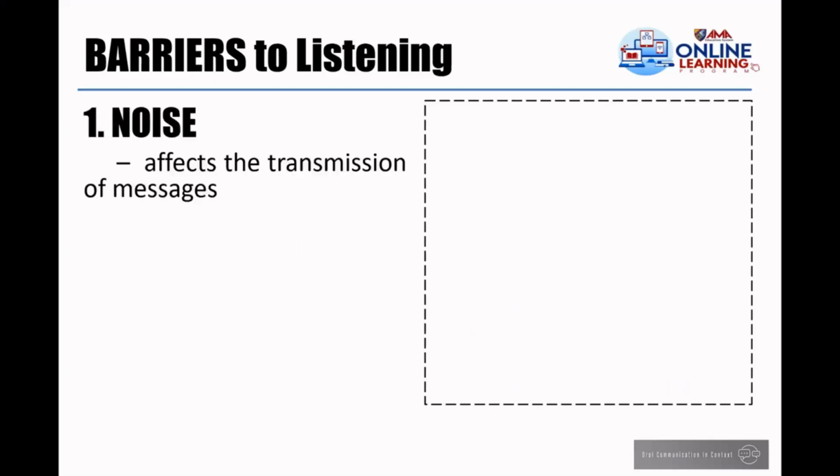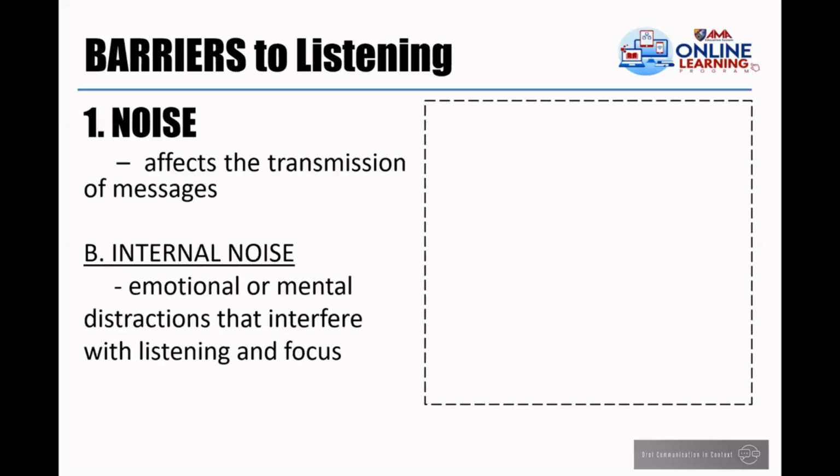Okay, for the second type, the internal noise. This is the noise or barrier within oneself. This is the noise or barrier with regards to emotional or cognitive aspects, so emotional or mental disruptions that interfere with listening and focus.